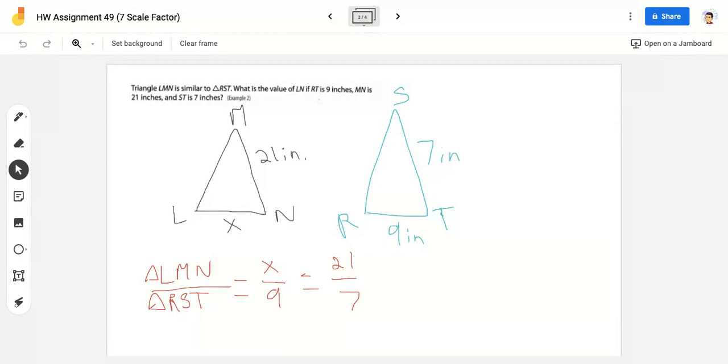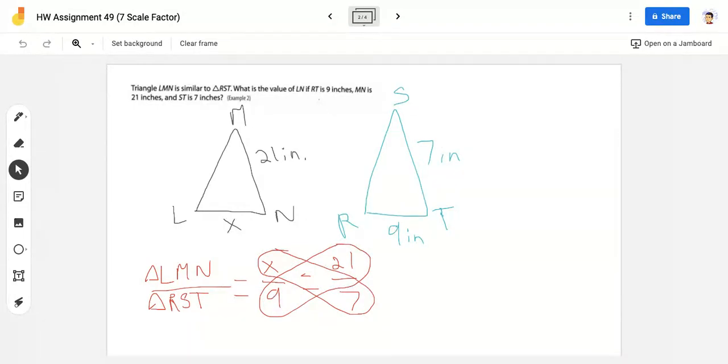We can use our cross product to figure out what our missing value is going to be. Some people may already be able to see it, but let's still use it.